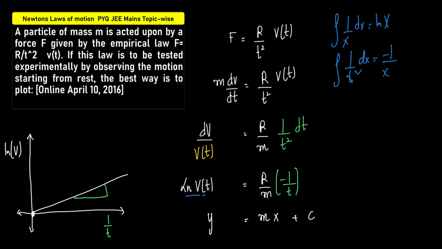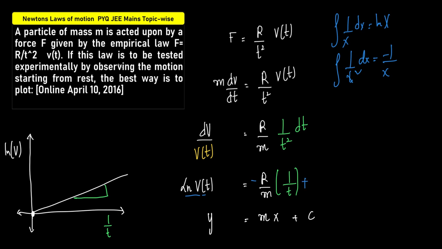If we try to understand this equation in the mathematical sense, what we have is one constant and one variable. ln v of t we'll call y, is equal to m into x, where x is 1 by t, plus c.